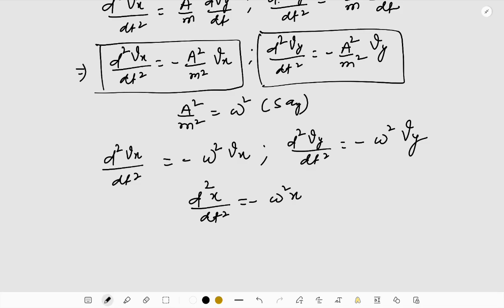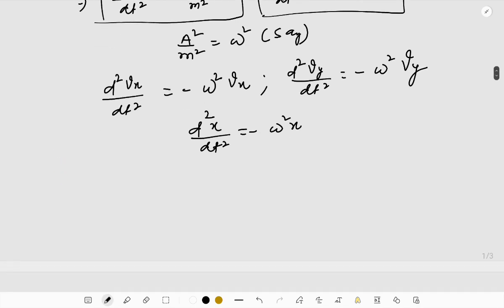This is a second order first degree differential equation, and its solution is quite simple, because you need to take the values of x such that if you differentiate it 2 times with respect to time, you will get the same thing, like sine theta, cos theta.